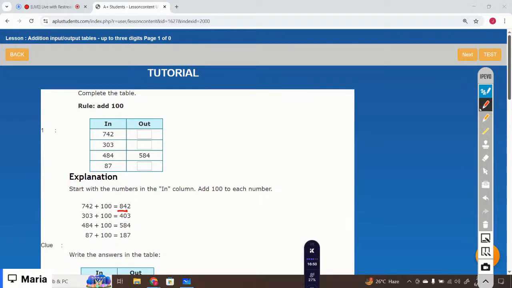Then 303 plus 100 makes 403. Then 484 plus 100 makes 584. Then 87 plus 100 makes 187.